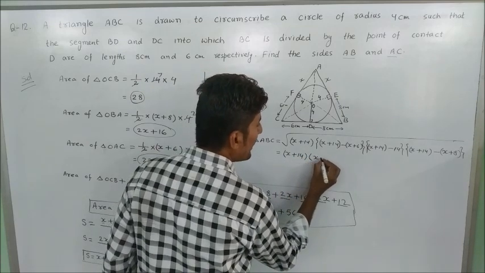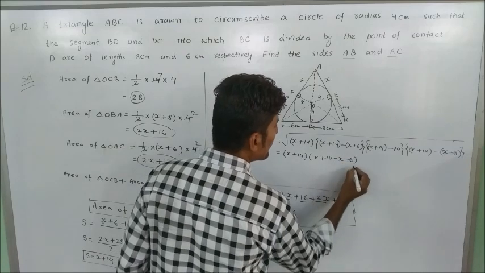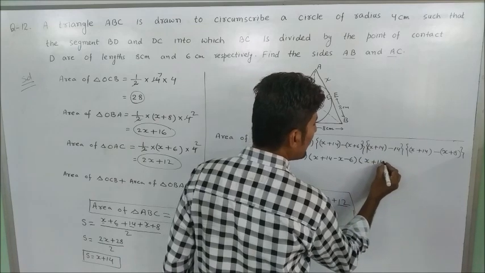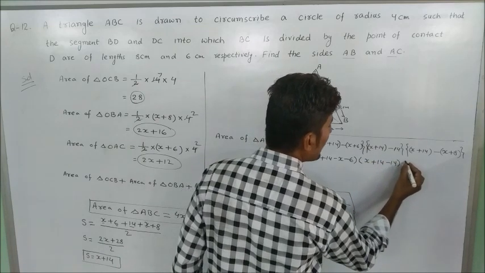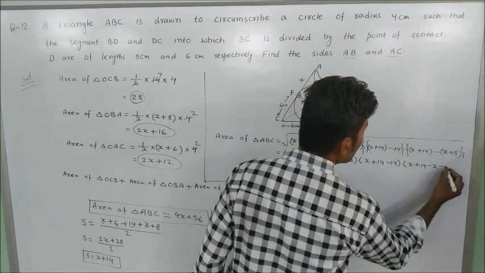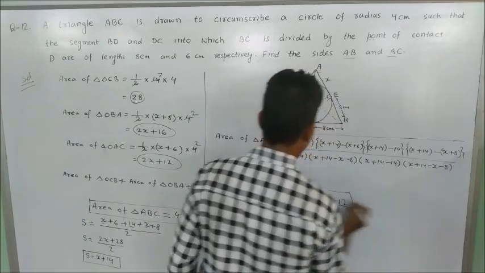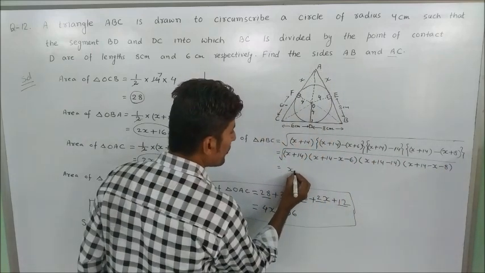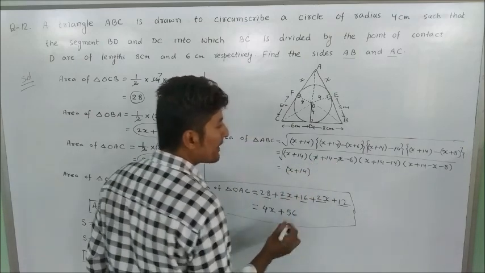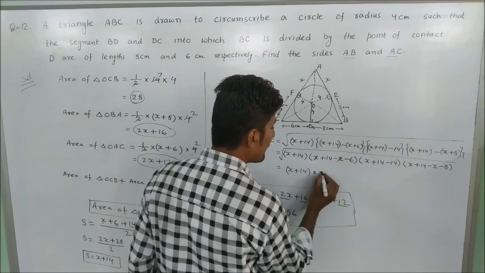Now here x plus 14 minus x minus 6, then x plus 14 minus 14, and x plus 14 minus x minus 8 under root. x plus 14 will be as it is, there will be no change. Now here x and x both will cancel. 14 minus 6 is equal to 8.